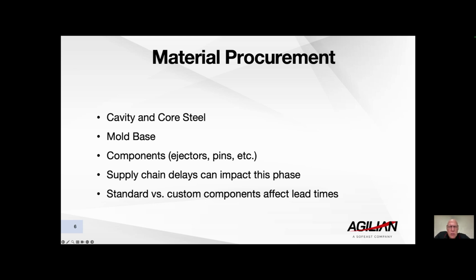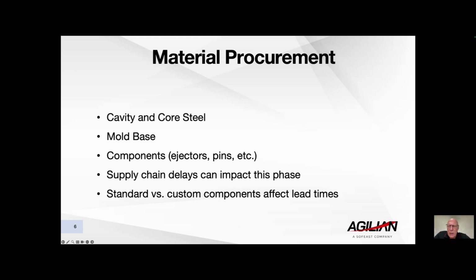The rest of the steel around the core and cavity is generally tough, hard-wearing, hard-lasting steel. This is basically known as the mold base or the bolster set, which holds the core and cavity in place.